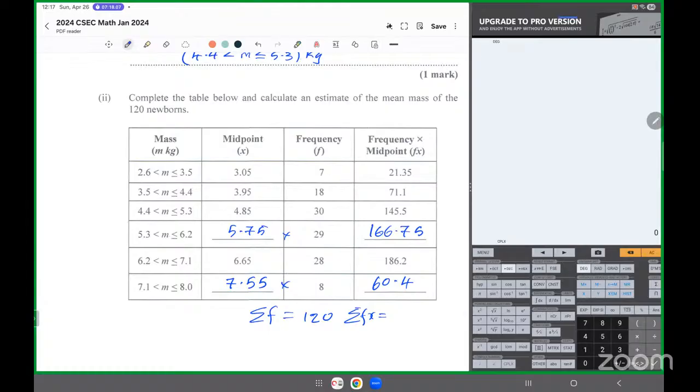It's 21.35 plus 71.1 plus 145.5 plus 166.75 plus 186.2 plus 60.4. That works out to be 651.3.